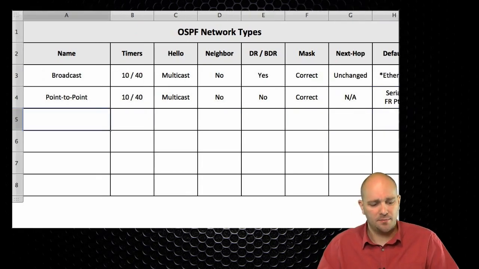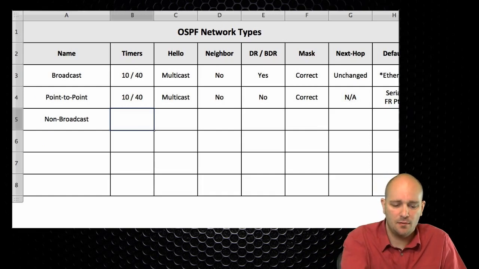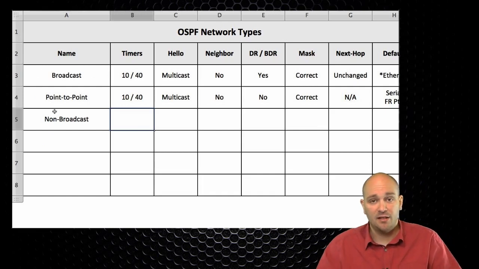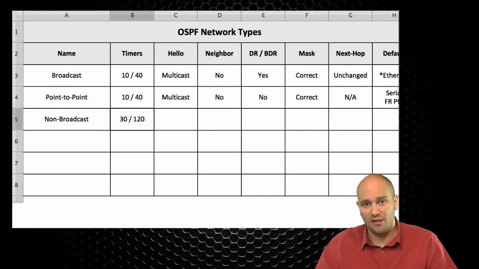The next network type that we're going to talk about is going to be non-broadcast. Now, non-broadcast has many characteristics it shares with broadcast. The differences are that it uses the slow set of timers, so the hello timer is 30 seconds and the dead interval is 2 minutes.